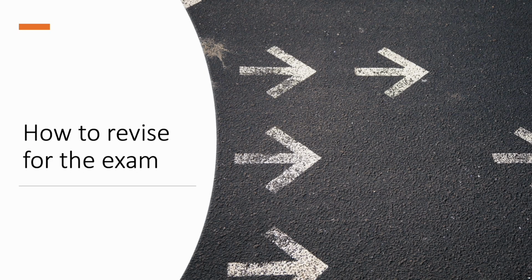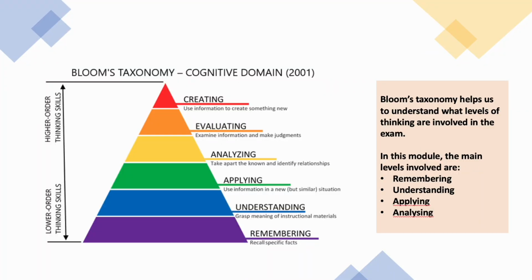Okay, moving forward, let's talk about how to actually revise, how to study. But first, let's talk about Bloom's taxonomy. This helps us to understand what levels of thinking are involved in the exam. In this module, the main levels involved are remembering, understanding, applying, and analyzing. Now, look at the left side of the image.